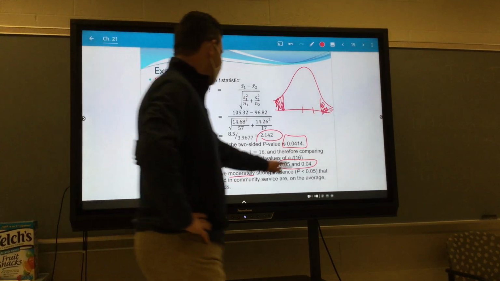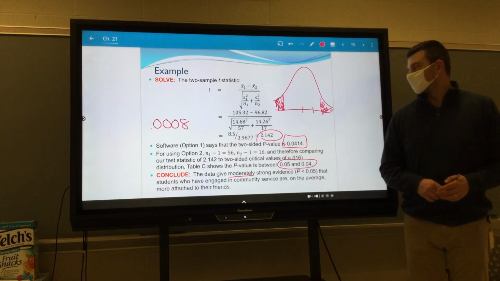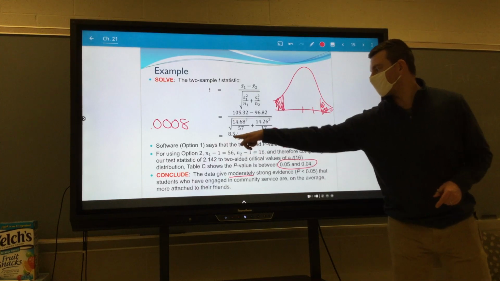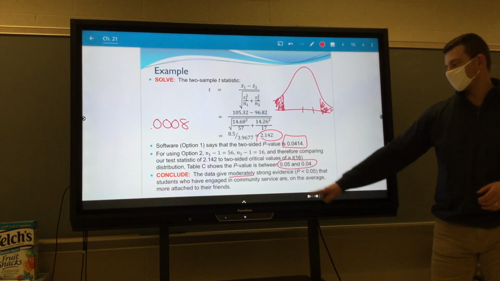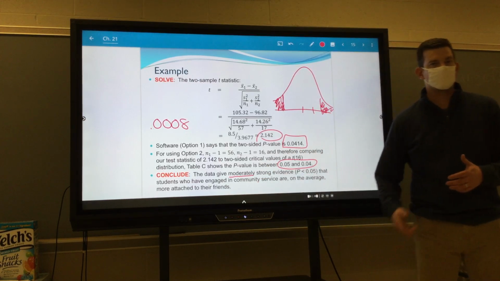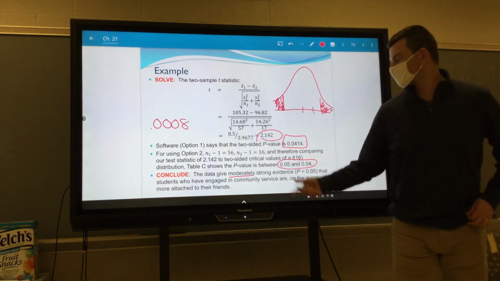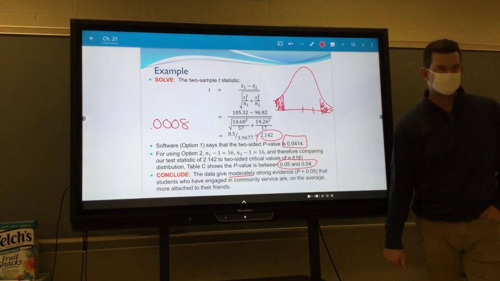In this case, almost 5% of the time, we'll expect no difference, but get a difference of 8.5 like we got here. It happens. It happens 4% of the time. It's rare enough that we're going to say that we have evidence that there's a difference, but not nearly as strong as we did before. So use the language in your interpretation. It's a moderately strong difference.